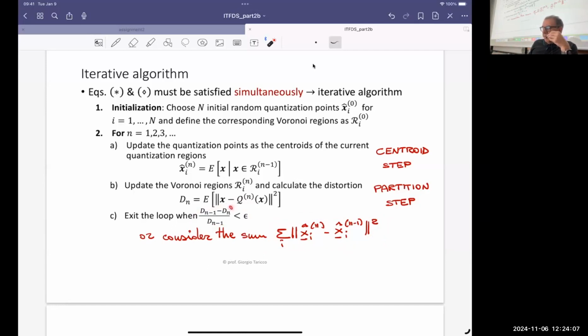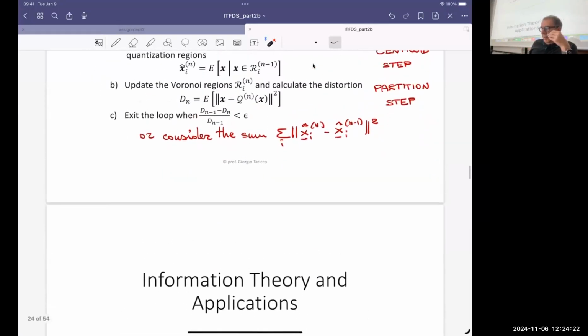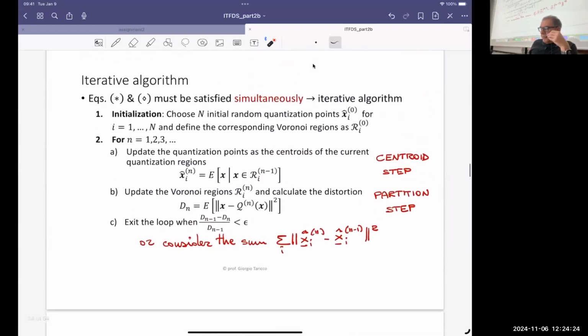We have seen in the previous example that convergence of the distortion tends to happen more quickly than the convergence of the quantization points.